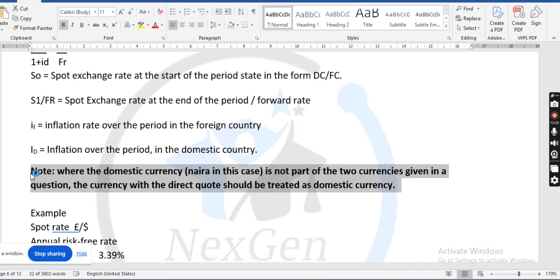So what would be the domestic currency, class? It is the direct quote. The currency with direct quote should be treated as a domestic currency.